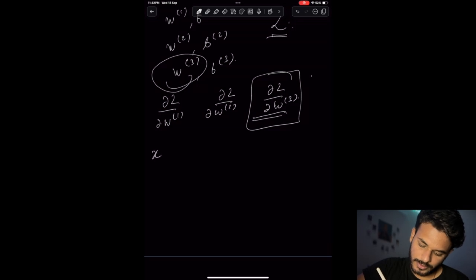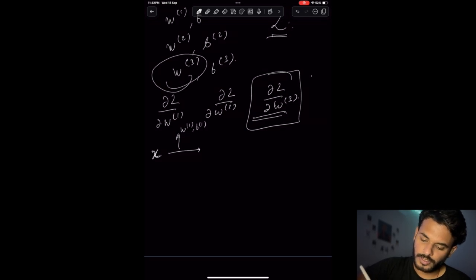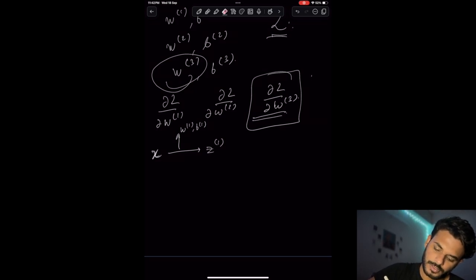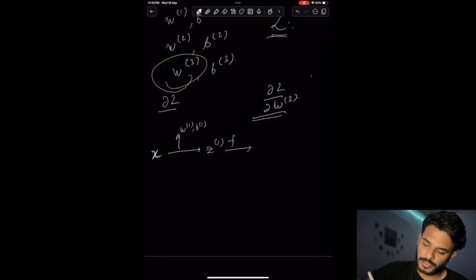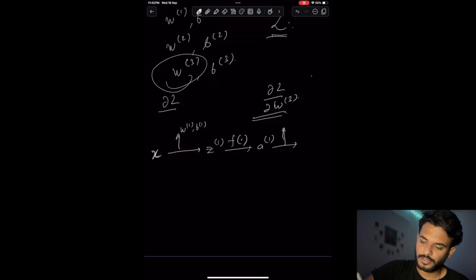We had a certain x, then here comes your W1, and then here comes your B1. After this you get your Z1. Then on Z1 we apply an activation function to get the activation value of the first layer. Then again from here we had W2 and B2 to get Z2.